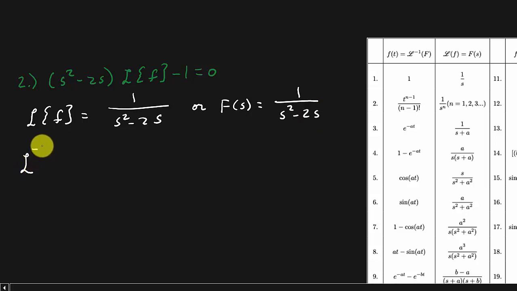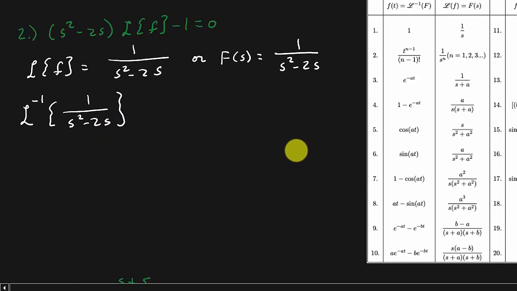So we want the inverse Laplace transform of 1 over s squared minus 2s. All right. So we've got to go over to the table and see if we can match this. Now, just glancing down, I don't see anything in the table that has s squared minus 2s, or s squared minus as.